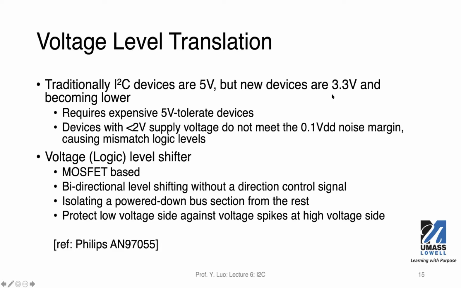So by that we mean you have a voltage level which will be recognized as high for 3.3 volt devices, but at the same time it will be recognized as low for a 5 volt device. So that's where the mismatch happens. So we'll use a solution called a voltage level shifter, which can support bidirectional level shifting without using a direction control signal.